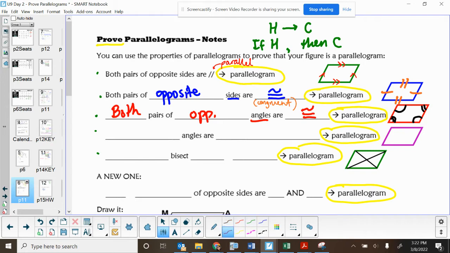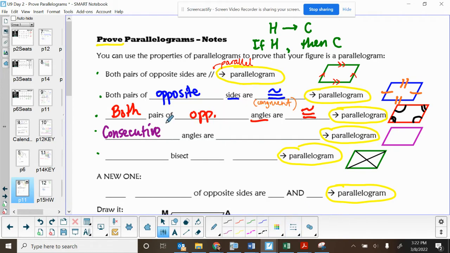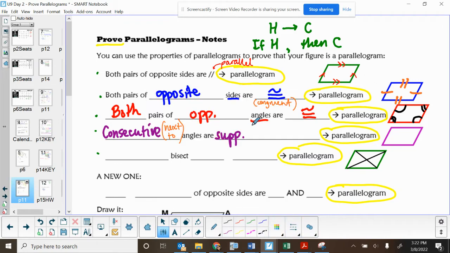Okay, the fourth property is that consecutive angles, and remember that consecutive means angles that are next to each other, are supplementary. I'm not going to write out the whole word, but that is for supplementary. It's fine for you to write sup.